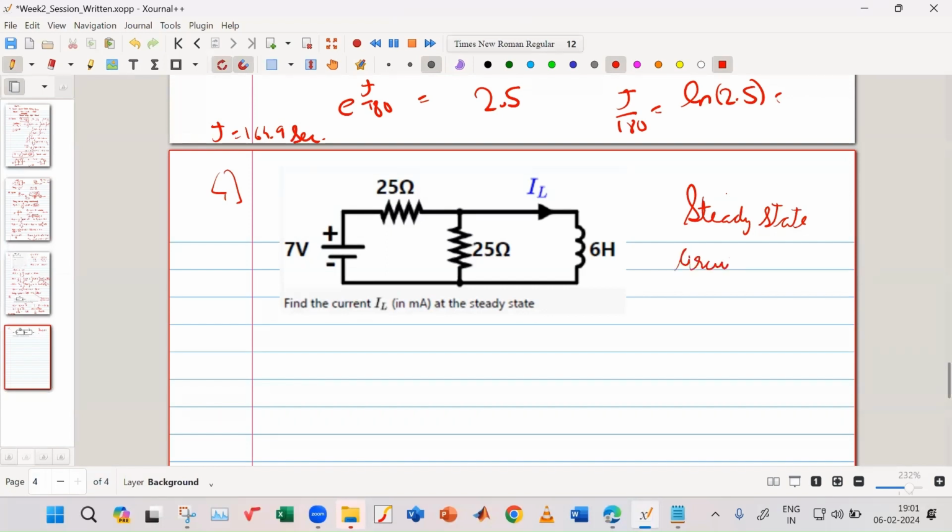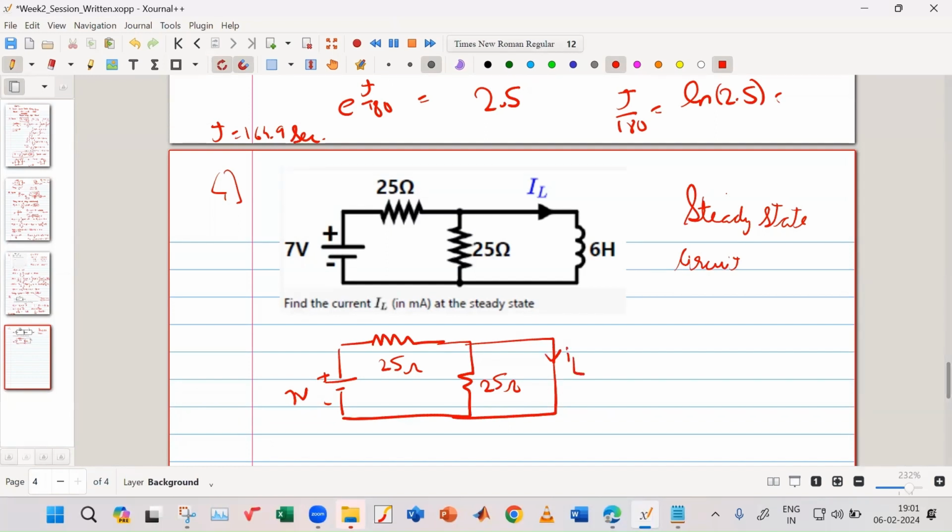The inductor will be shorted. So this is your 7 volt, here is your 25 ohm, your 25 ohm will also be over here, and your inductor will act as a short circuit.